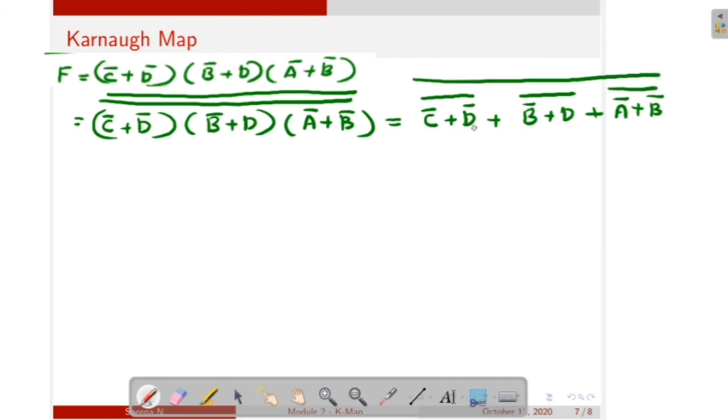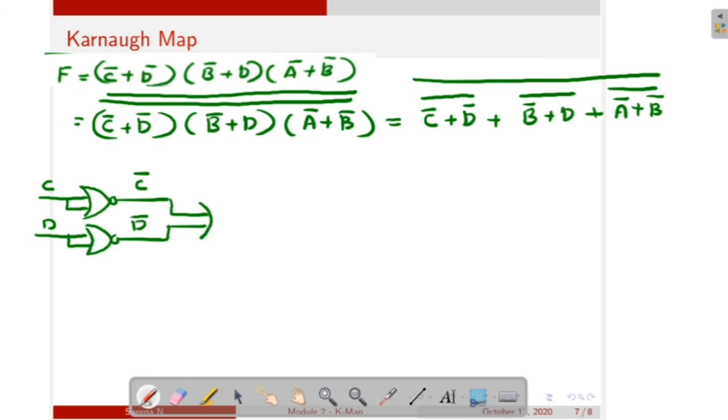Next we have to implement this simplified POS expression using universal gate, that is NOR logic. So here first the input C is given to a NOR gate, we get C bar. Then the D input is given to a NOR gate, we get D bar. Then these two outputs are given to another NOR gate.